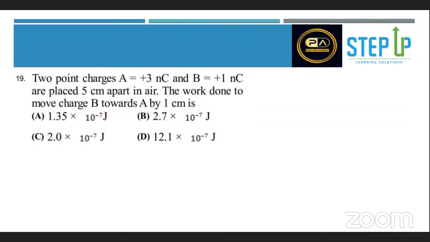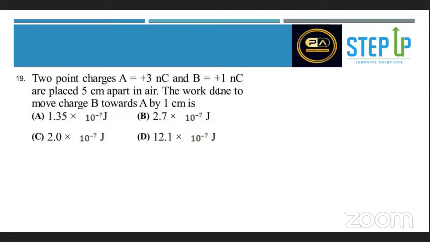Anyone who has a different answer? Okay. I'll solve it. Okay. So let's see. Tomer also asks, what is the value of K, sir? 9 into 10 raised to 9. Komal also says A. Good.